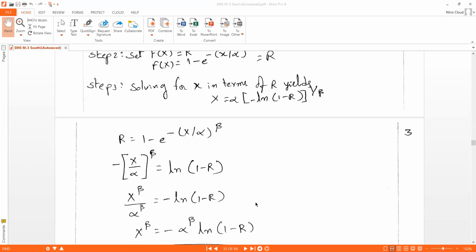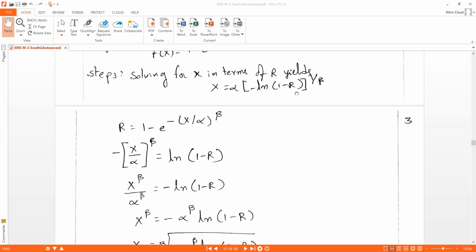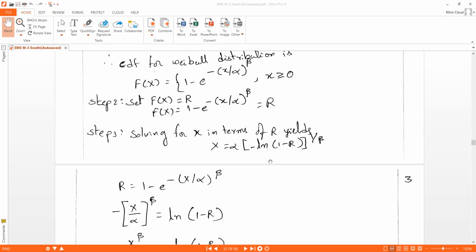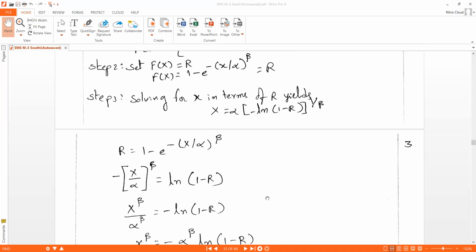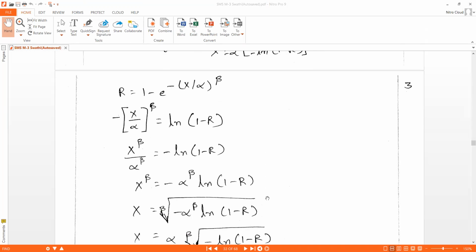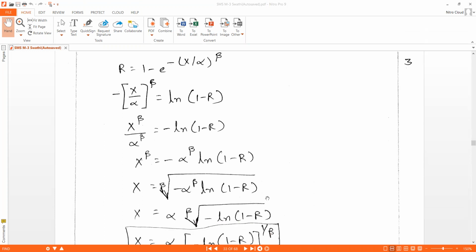Now let's solve from this equation. We know r is equal to 1 minus e power minus (x by alpha) power beta, so we write that here to get the x value.